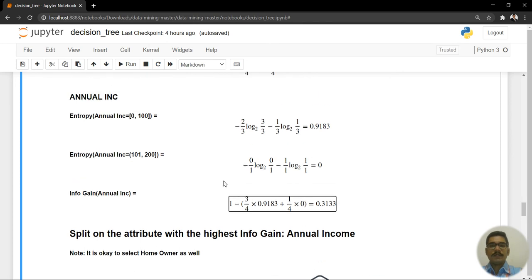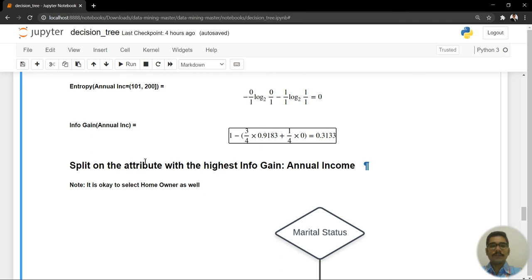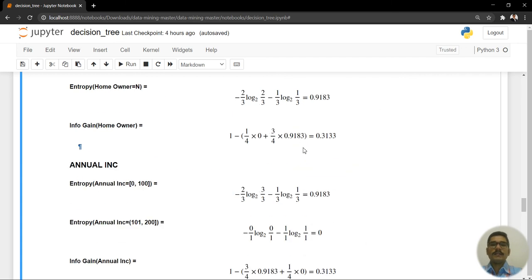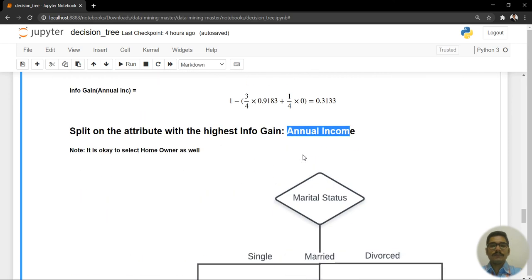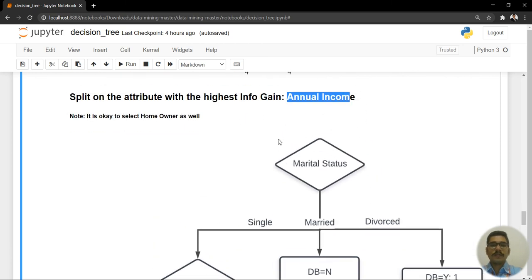So it doesn't matter which you keep, you can take any of these. I am choosing the annual income. It is okay to choose the homeowner, but then homeowner will go to the right side. You can choose which attribute goes where, that's up to you, and how you want to represent this.